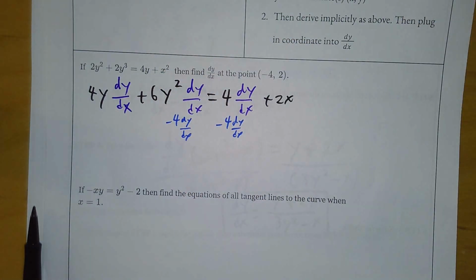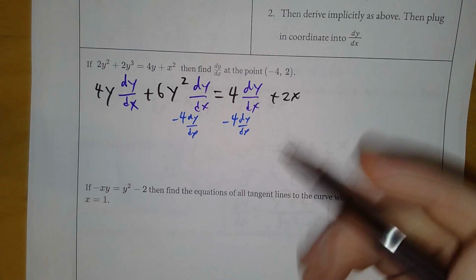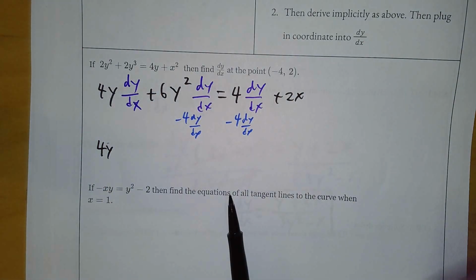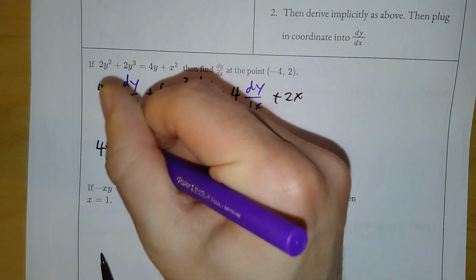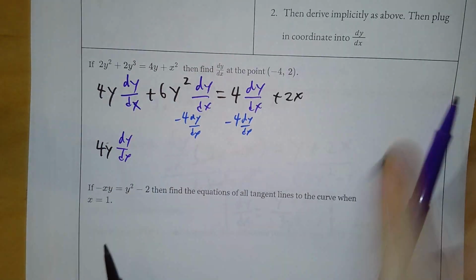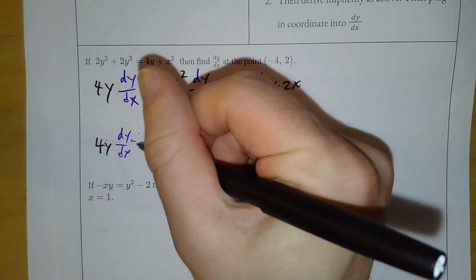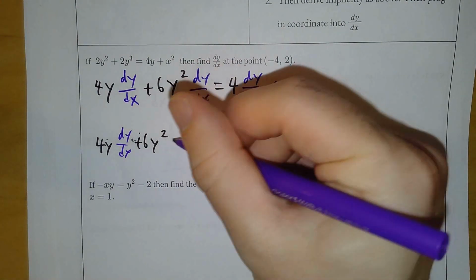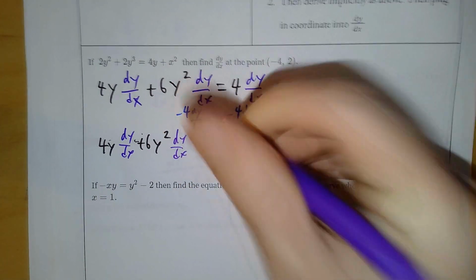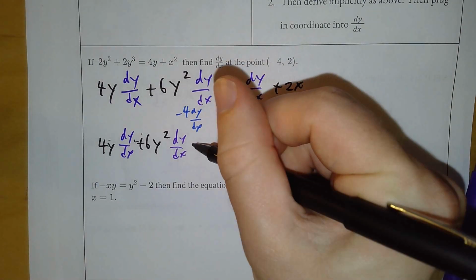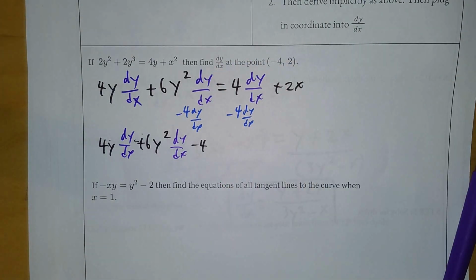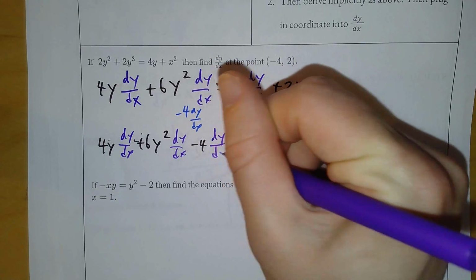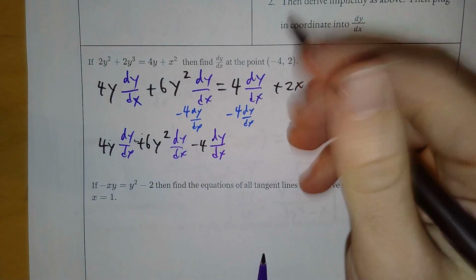Then I'll rewrite it. We're going to have 4y dy dx plus 6y squared dy dx, now minus the 4 dy dx, equals just 2x. You can see how when you're doing these problems, it's so easy to make mistakes.